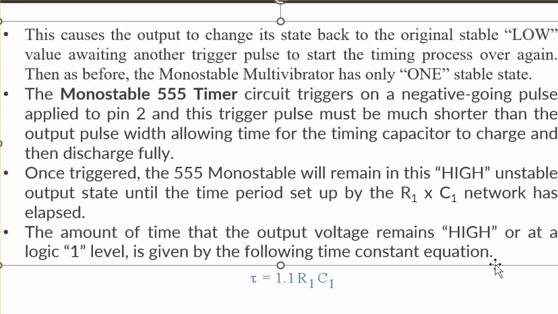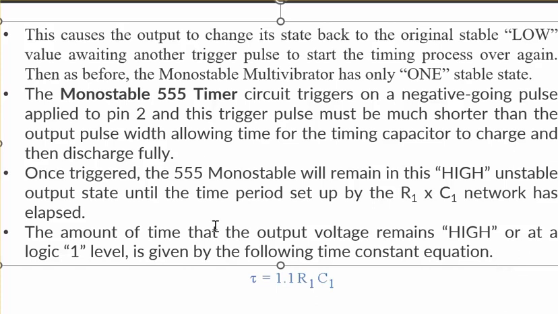Otherwise, it will stay in the stable state. It changes state only when you give your trigger pulse. This is a very big difference between an astable multivibrator and the monostable multivibrator. Monostable has one stable state, whereas astable multivibrator does not have any stable state.